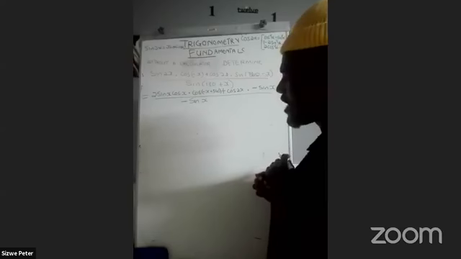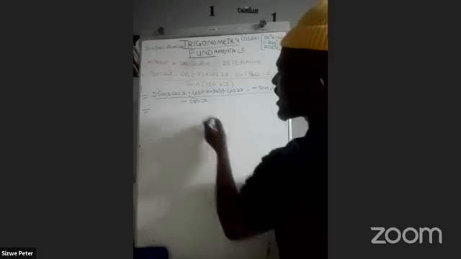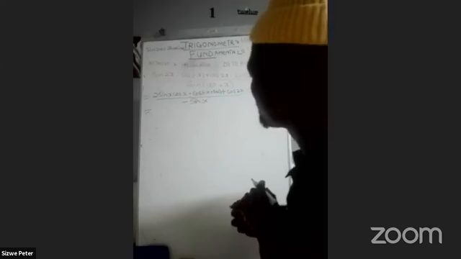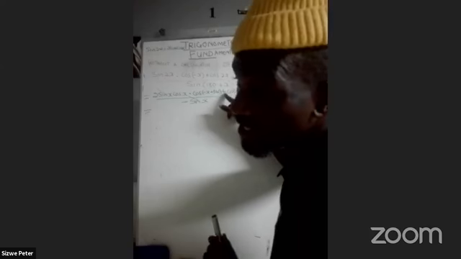Are you fine now? Did I answer the question? Right. You cannot cancel this with that. Why? Because the top one is multiplied with cos x, and the bottom one isn't. They are not like terms, terms that are joined by plus or minus sign.